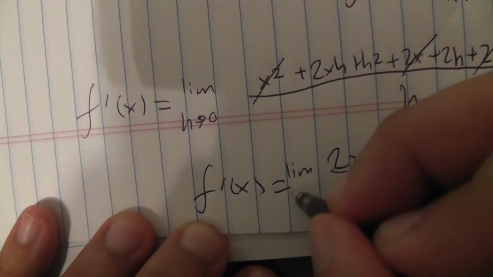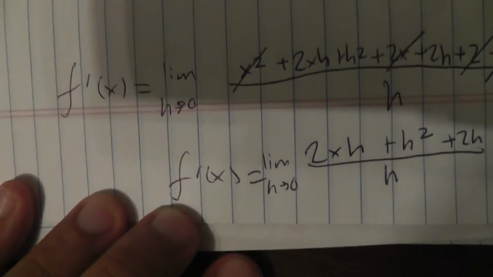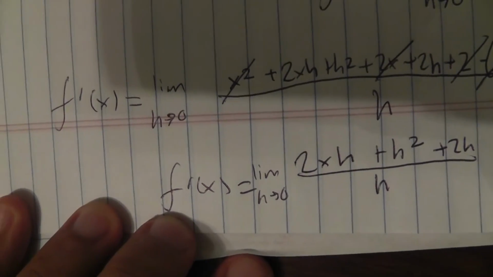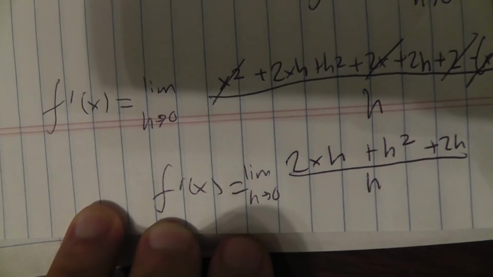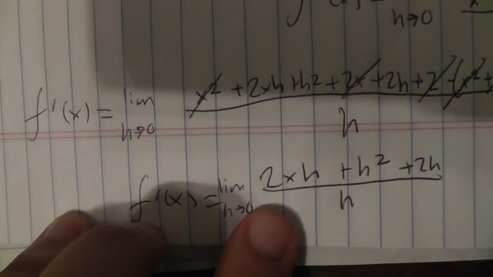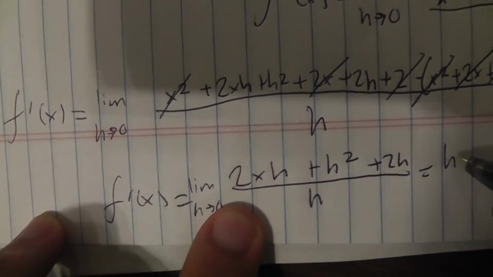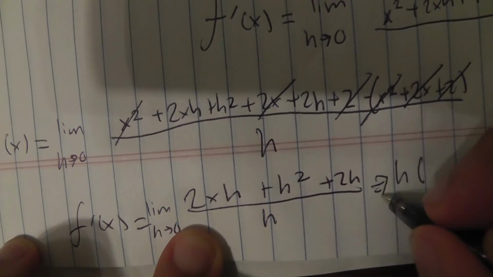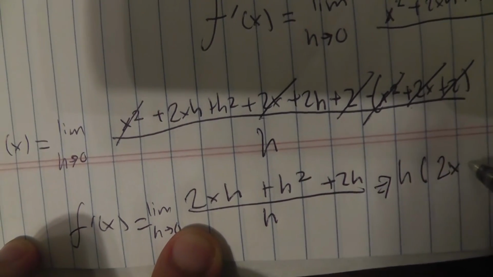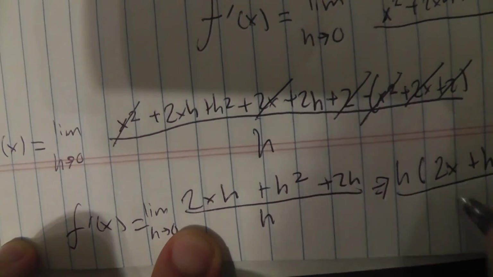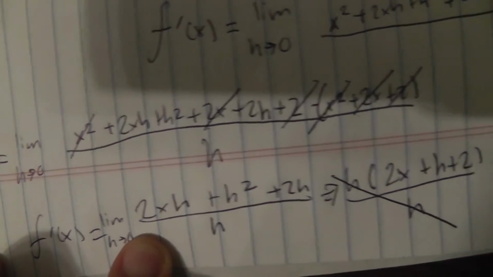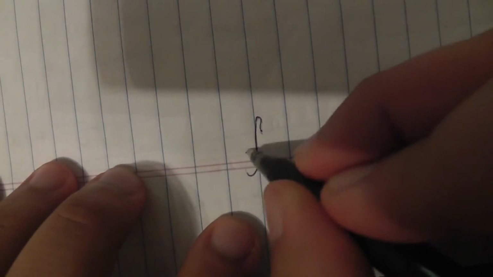And of course, the limit as h approaches 0. Sorry, we have budget constraints, but that's alright. Budget can't overcome learning. And we simply factor out the h: h times 2x plus h plus 2 all over h. Cross out the h.